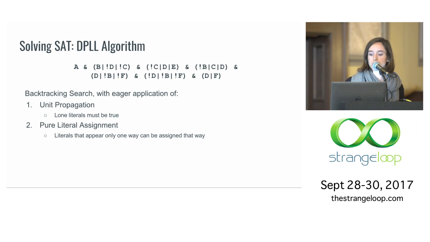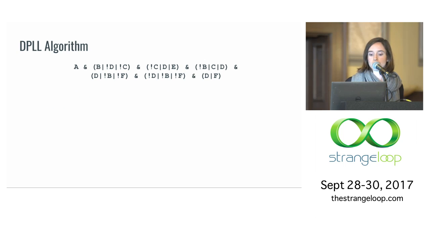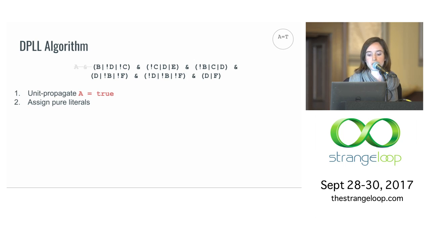So let's step through an example. First, do we see any units that we can go ahead and assign? Yes, A. So we can just say A is true, remove that clause. Next, we don't see any more units, but do we see any pure literals that we can assign? Yes. So we remove that clause, great.